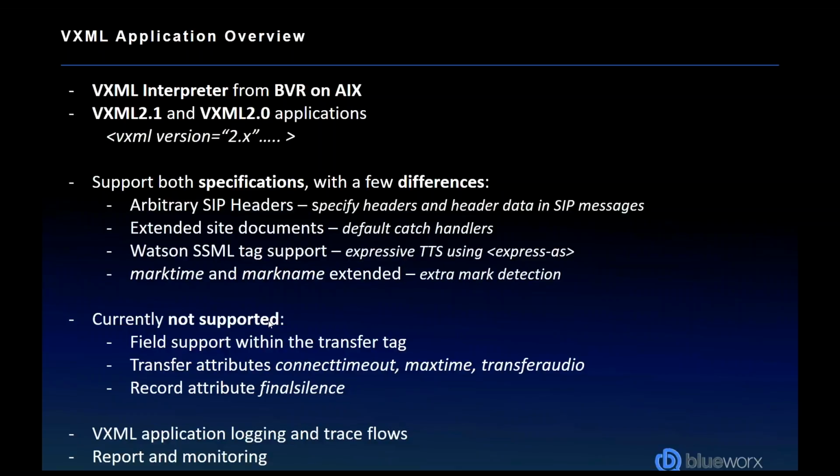This is not technically required by the VXML 2.1 spec, but is just worth mentioning. Some of the transfer attributes, such as connect timeout, max time, and transfer audio, along with the final silence attribute of record. I'll be going over the application logging, reporting, and monitoring in VXML in some of the demonstrations later. Any questions on VXML at all?